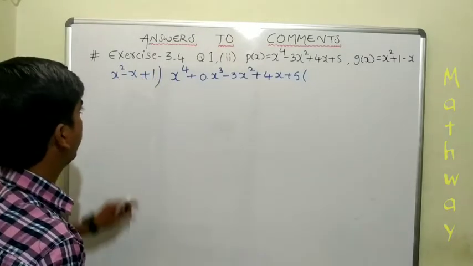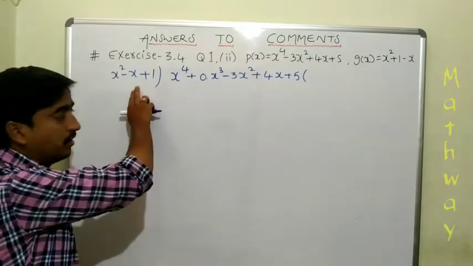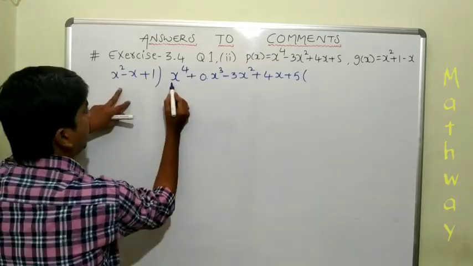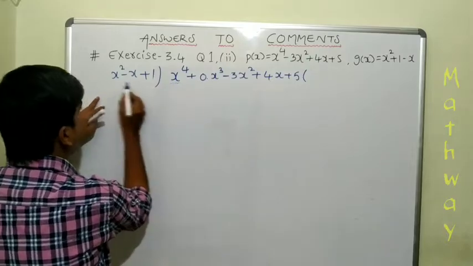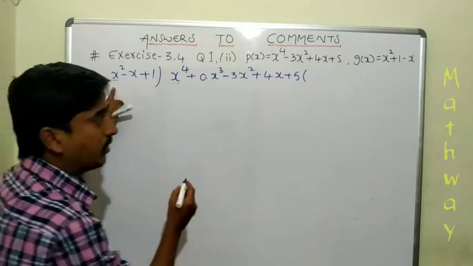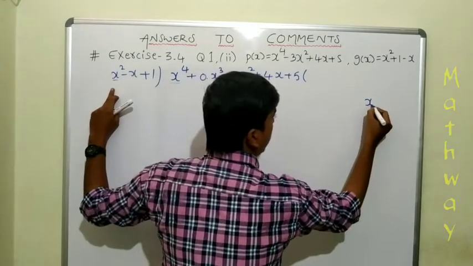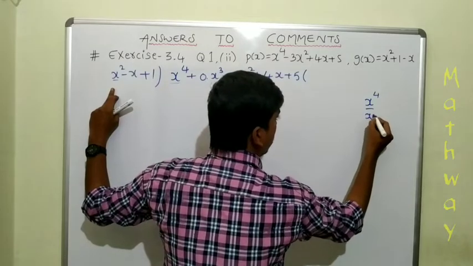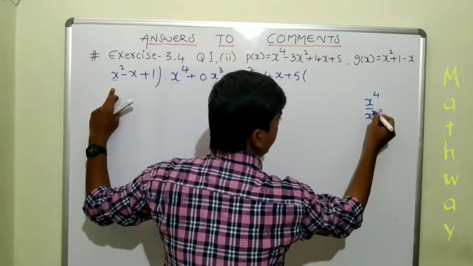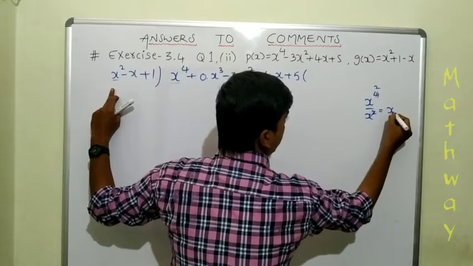Now we have to divide this polynomial by the divisor. First take the first term here, x power 4, and the first term of the divisor is x square. Let us divide the two terms, x power 4 by x square. By cancelling, x square is left.